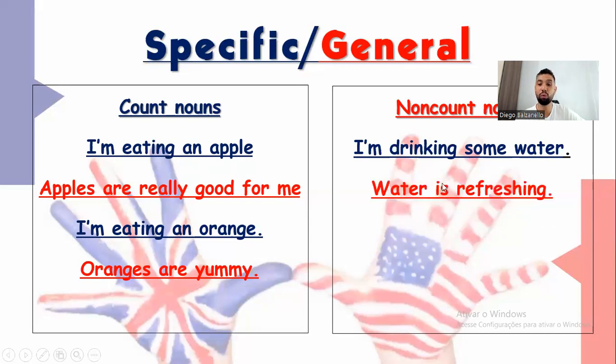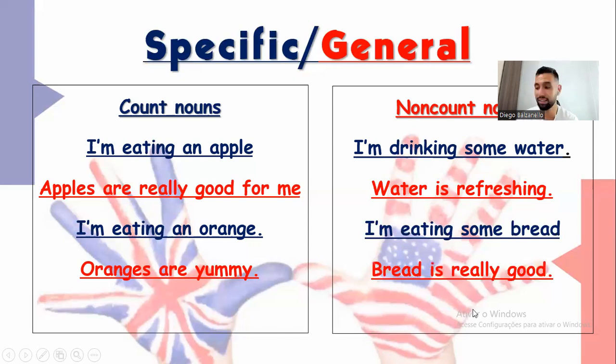Like here, water is refreshing. You see, apples are plural because it's countable. Water is singular because it's uncountable. All non-count nouns or uncountable nouns are singular. I'm eating some bread. Bread is really good. Let's keep this in mind.